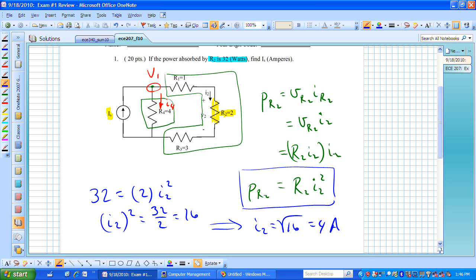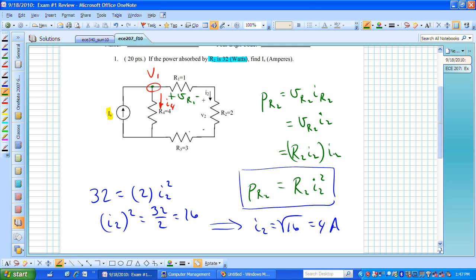That current is the same as this current, and that's the same as this current. Those three resistors, R sub 1, R sub 2, and R sub 3, are in series. They share the same current, which means that we can find the voltage dropped across all three of those. Now that we have the current I sub 2, we can find this voltage drop, V sub R sub 1.